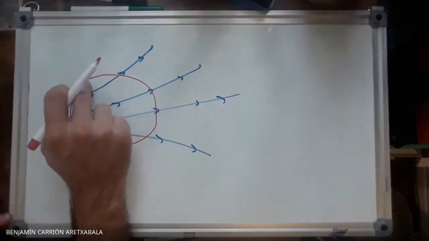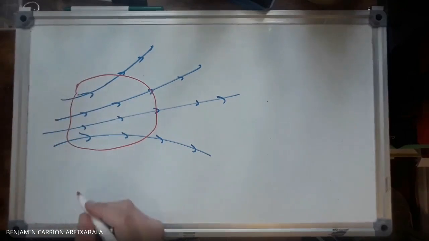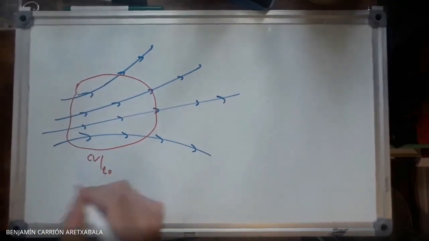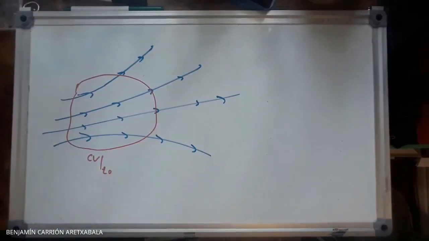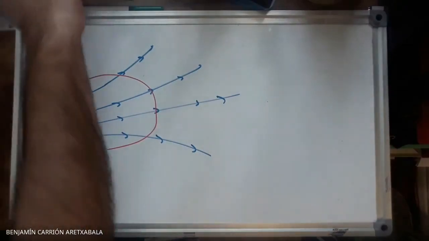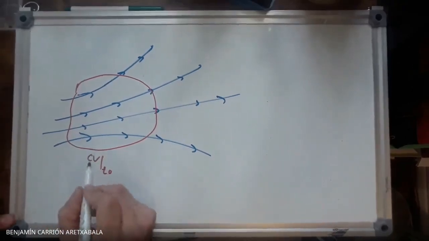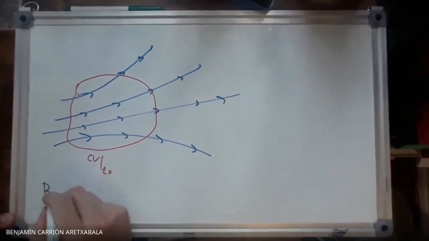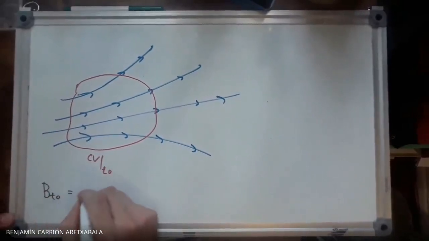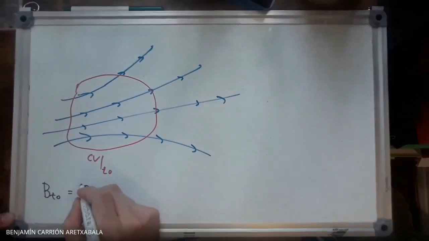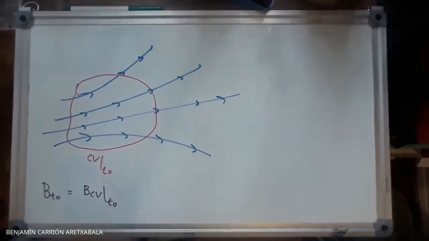So this is going to be your control volume at time t0. Okay. So we're going to call the property B at time t0.